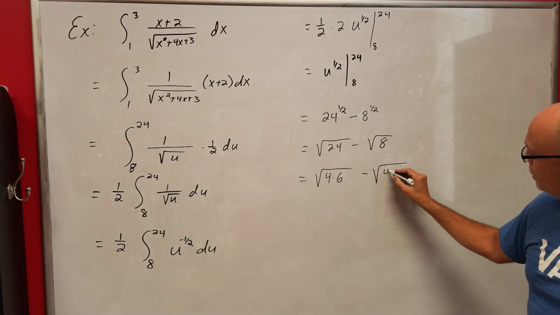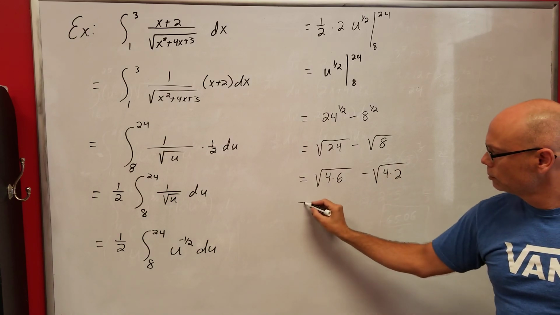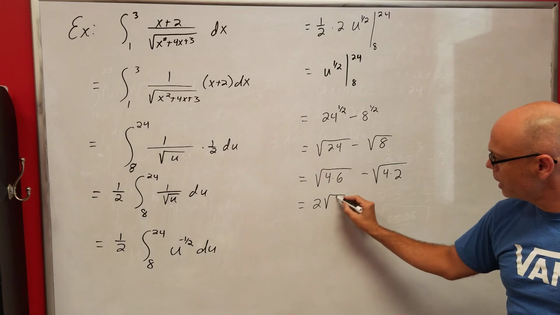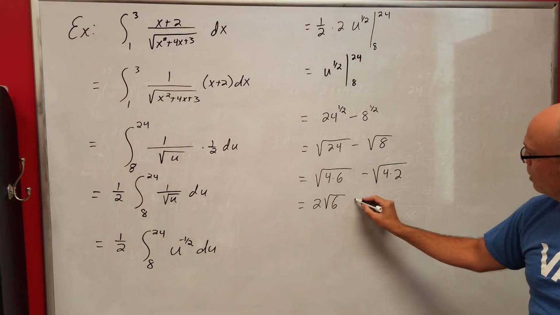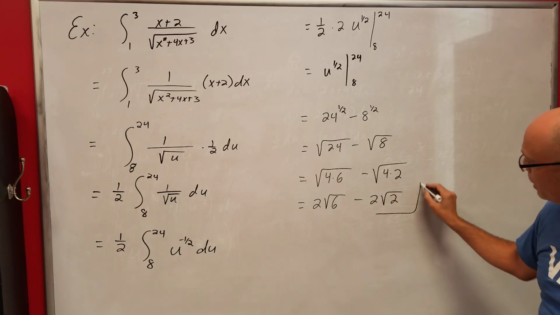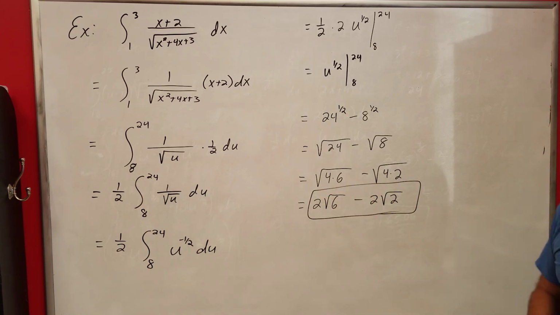And 8 I can break down into 4 times 2. So what's the square root of 4? 2 comes to the outside, 6 stays under the radical, minus square root of 4 is 2 comes to the outside, and 2 stays under the radical. There we go. There is my integral by using what? Method 2. Good luck, folks.